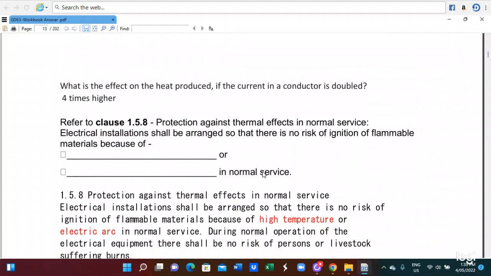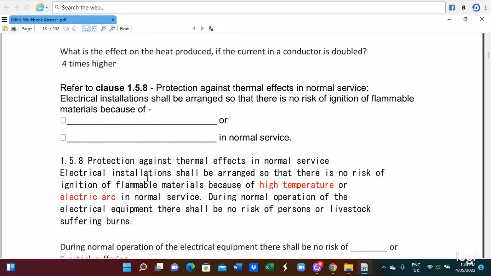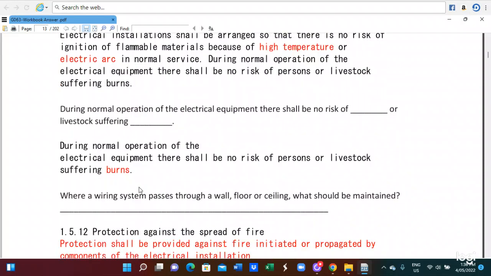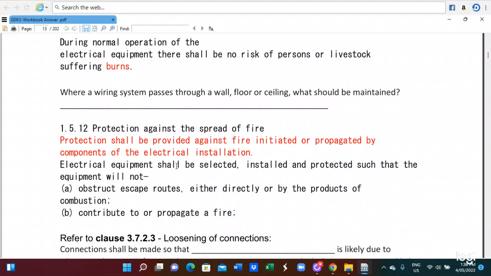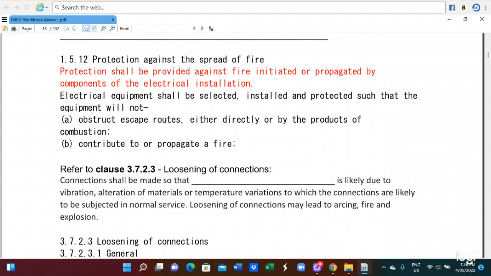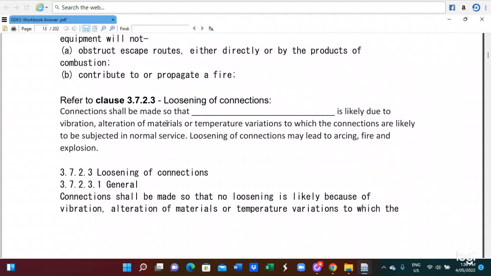Also the high temperature. So this will also cover normal operation, the definition, and protection against the spread of fire. How to do the protection against the spread of fire is covered in 1.5.12, and also the loosening condition. In this case 3.7.2.3 mentions the loosening condition.